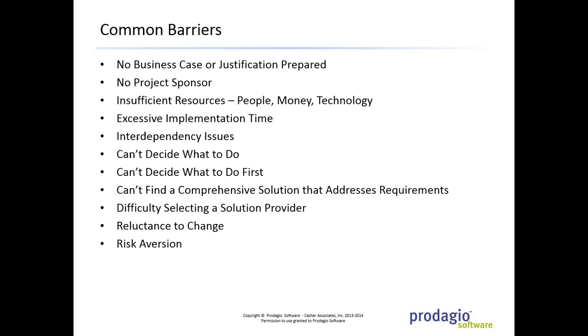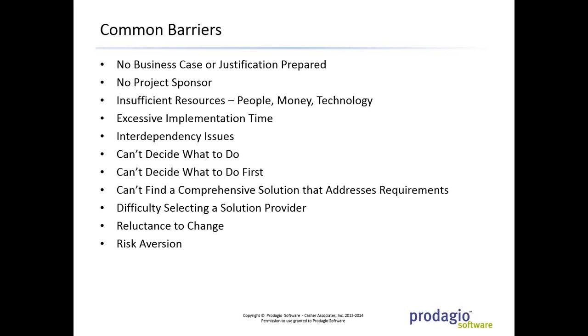The single biggest barrier to not getting automation in place is that somebody says, I need this, I want this. Well, that's great, but can you justify it? Can you identify why you should be doing this? Can you identify how you're going to do it? What it's going to take? What it's going to cost?